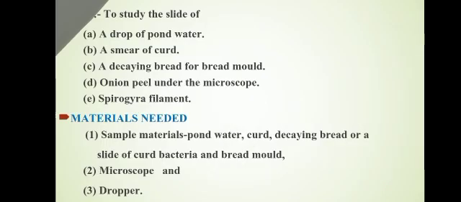Today we will see the different types of microorganisms in some samples, like in a drop of pond water, in a smear of curd. Then we will also see the microorganisms present in decaying bread.